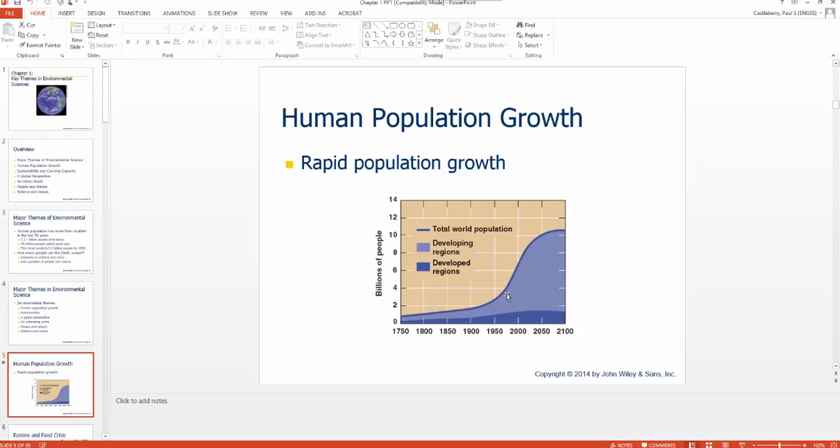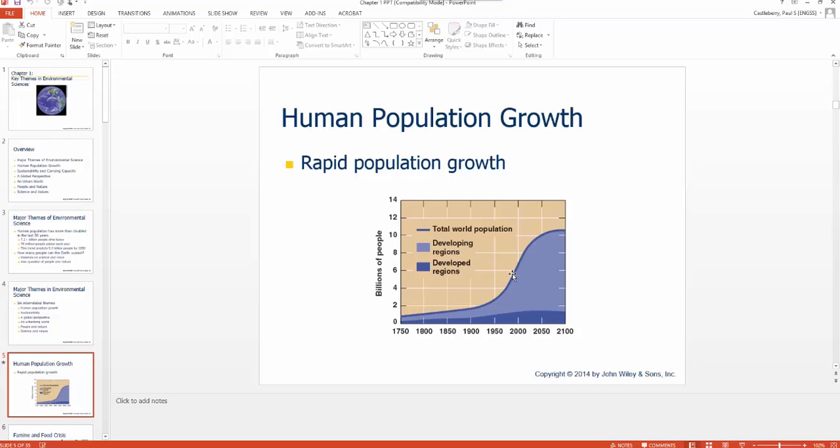However, look at this lighter shade of purple that corresponds to developing regions. Now again, it went along slight increases as we went through time, hit the 1900s, and now notice the slope of this line here. Now slope, you remember, is rise over run, so it's a change in population with time, and now you begin to see this really steep increase of developing region populations.